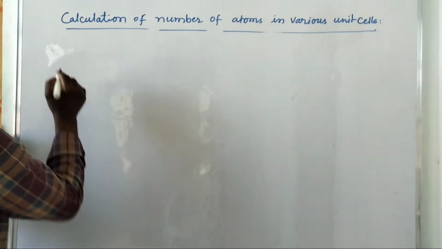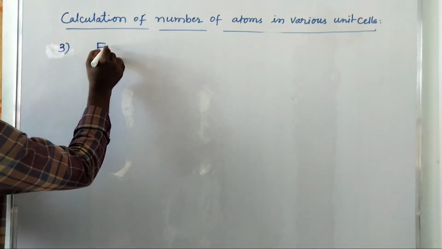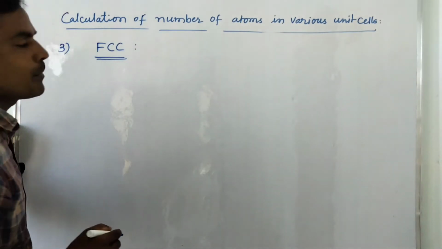Okay, next, the third one is the number of atoms in FCC. FCC means the face centered cubic unit cell.